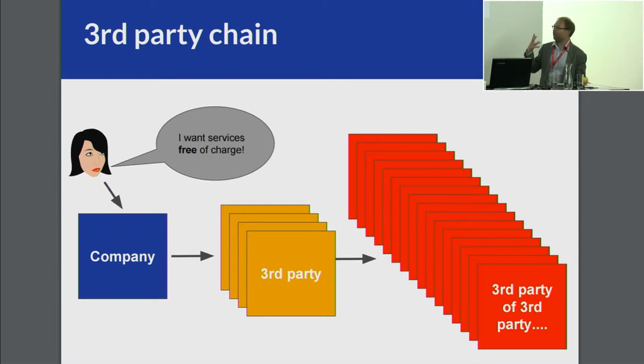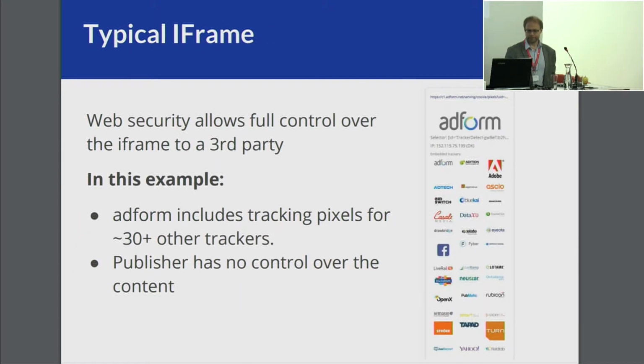And if you're a newspaper, how can you get control over all of this? Because I think it's pretty clear that you need to know what's going on as a data controller.